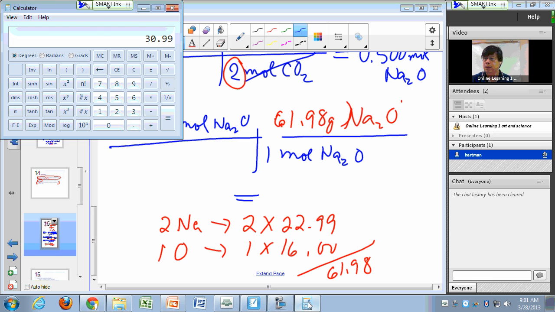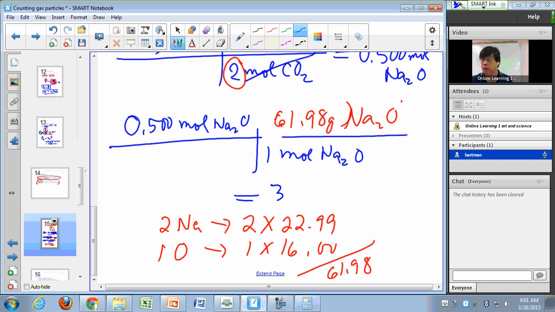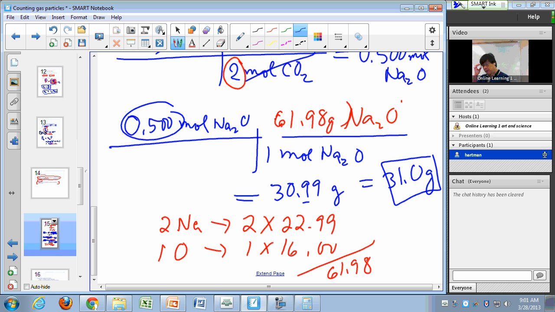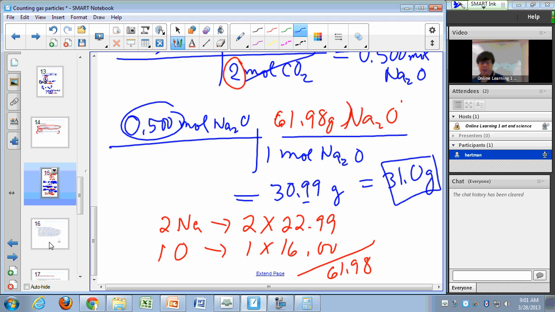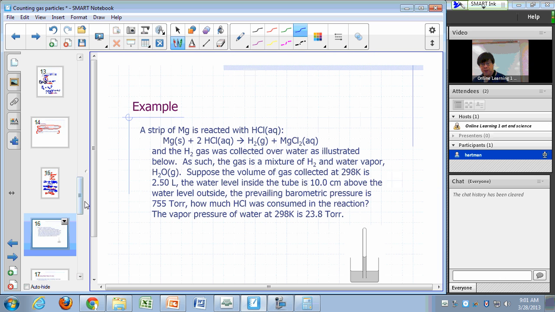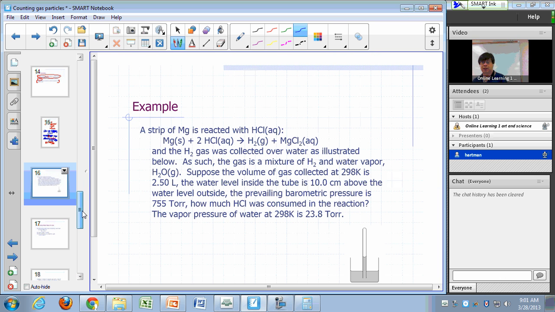Okay, so I'm going to get 30.99 grams, 3 sig figs. So I need just 31.0 grams of Na2O. So you can extend our stoichiometry lesson by doing these types of calculations.